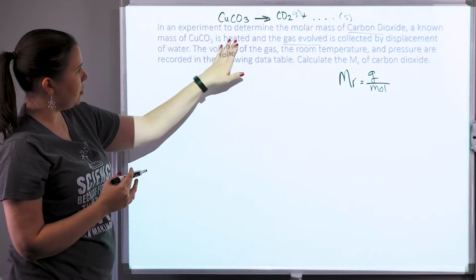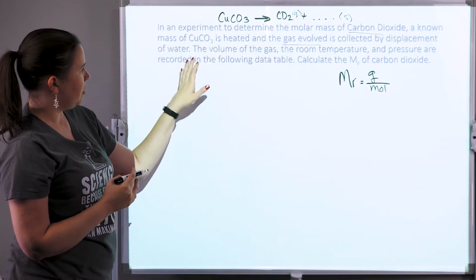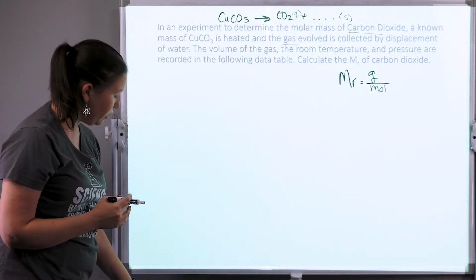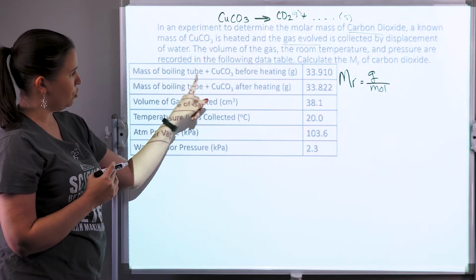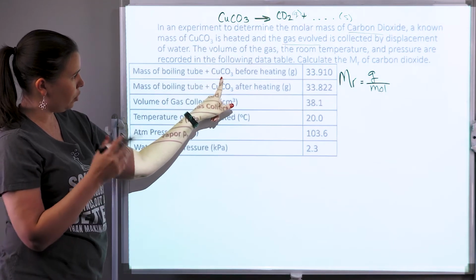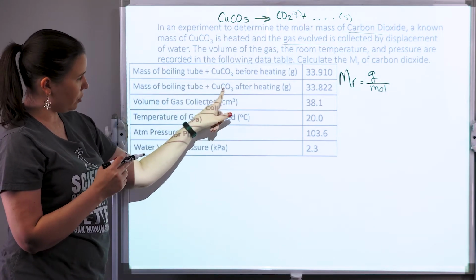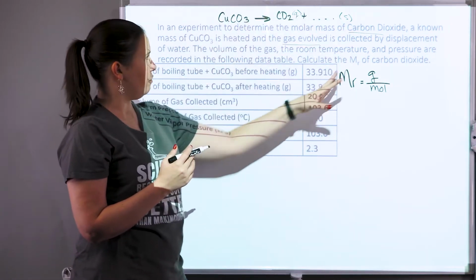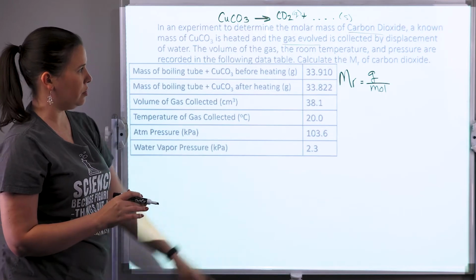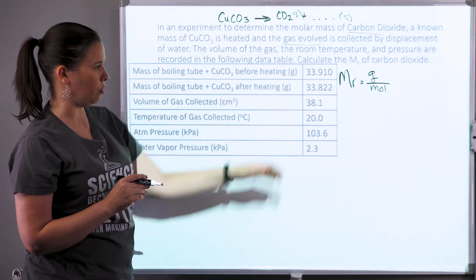A known mass is heated, the gas is evolved, and then we're collecting data. And the data table, I guess, would help to explain this part too. It has the mass of the tube that has the copper carbonate. And then after it's heated, they're still calling it copper carbonate here. Whatever is left of the copper carbonate, whatever that byproduct is, has this mass here, the 33.82.